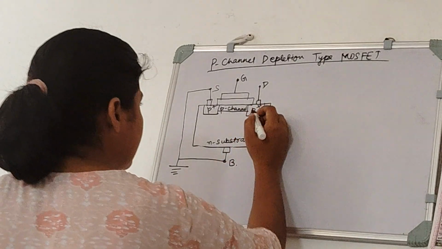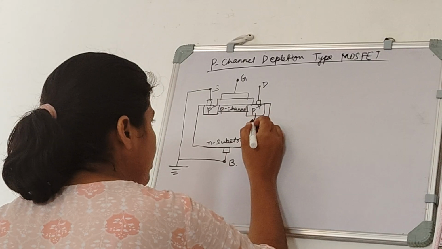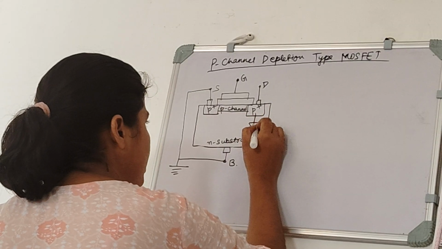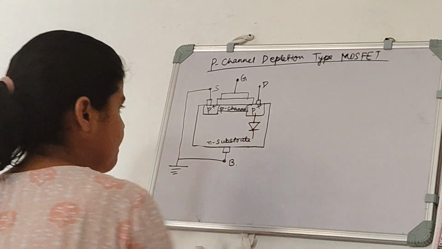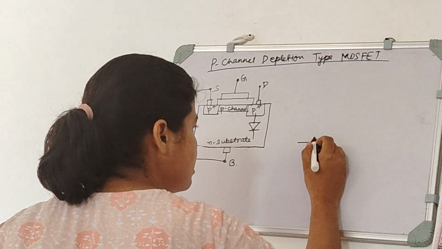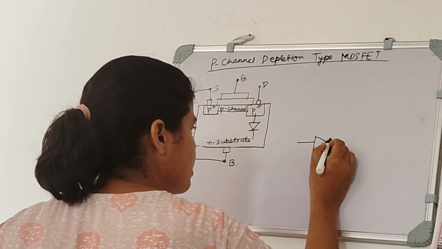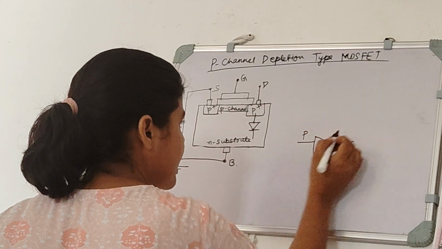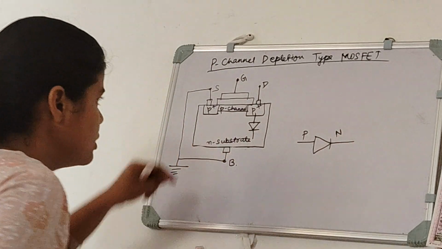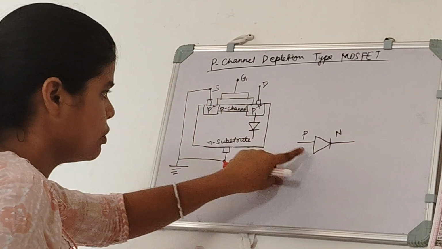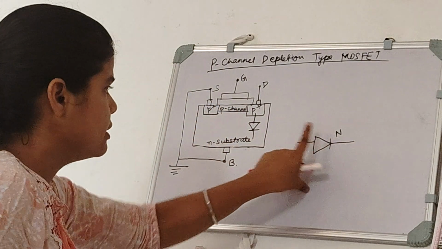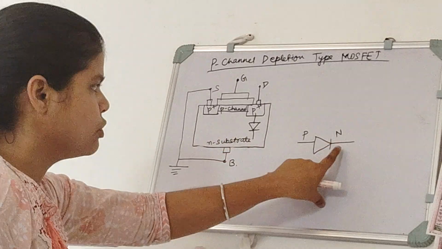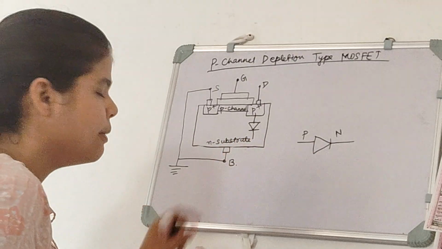So we can say that here we can imagine a diode which will look like this, because we know that in a diode this is the p side and this is the n side. So since our drain is of p plus type material, this side will be here, and since our substrate is of n type material, the n side will be here.